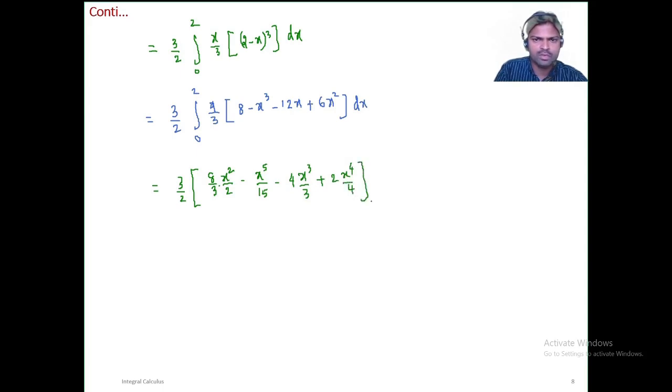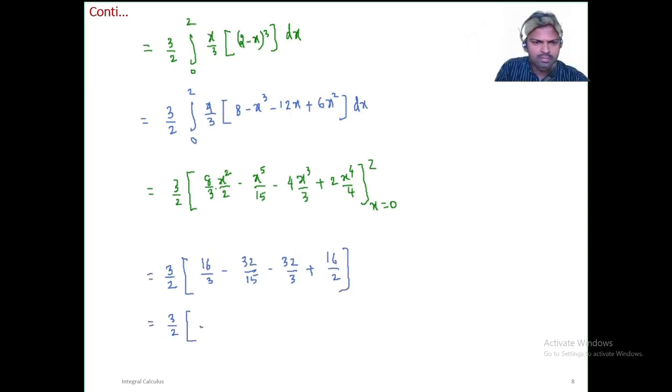After this we have to supply the limits. x is from 0 to 2. So simplify this. 3 upon 2, 2 to the 4 is 16 upon 3, minus 2 to the power 5, which is 32 upon 15. Minus 32 upon 3, plus 2 to the power 4, which is 16 by 2... and the lower limit gives zero.